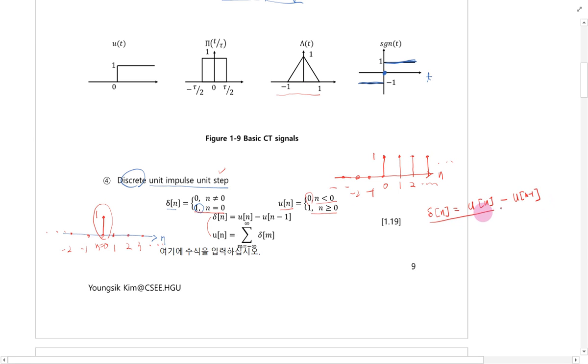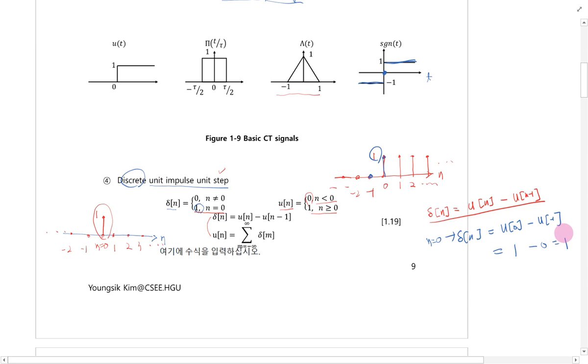Okay. If n equals 0, then delta[0] is u[0] minus u[minus 1]. u[0] is this point, 1. But u[minus 1] is 0. So this is 1 minus 0, which is 1.